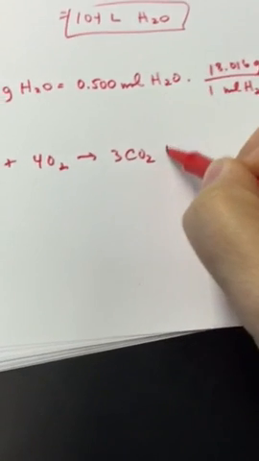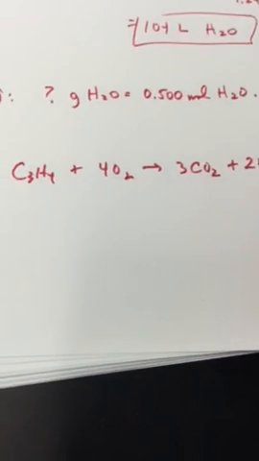So if we go to C3H4 plus 4O2 yields 3CO2 plus 2H2O.